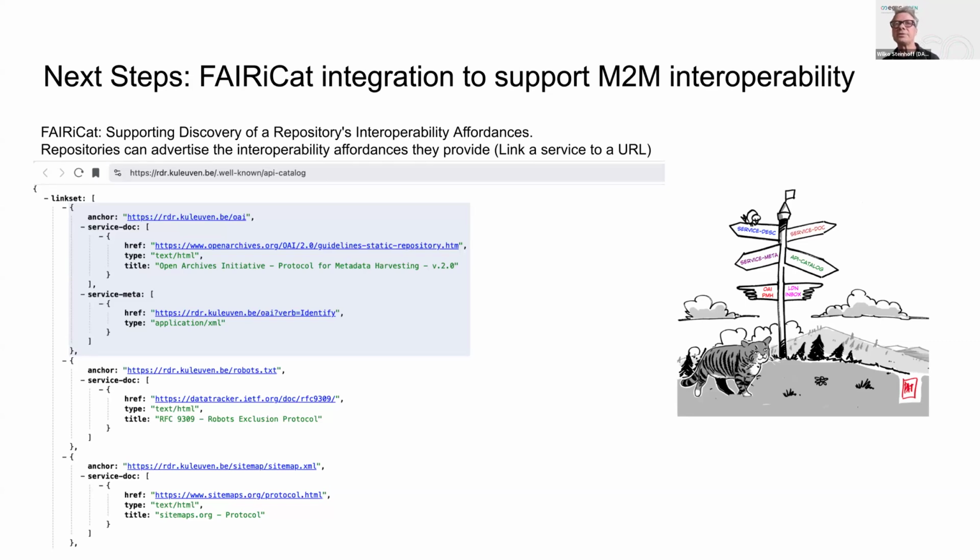For instance, it says service doc, which is where human documentation can be found, but also more information in the service meta. And this will help us hopefully in getting the interoperability attributes of a repository clear to the registry.